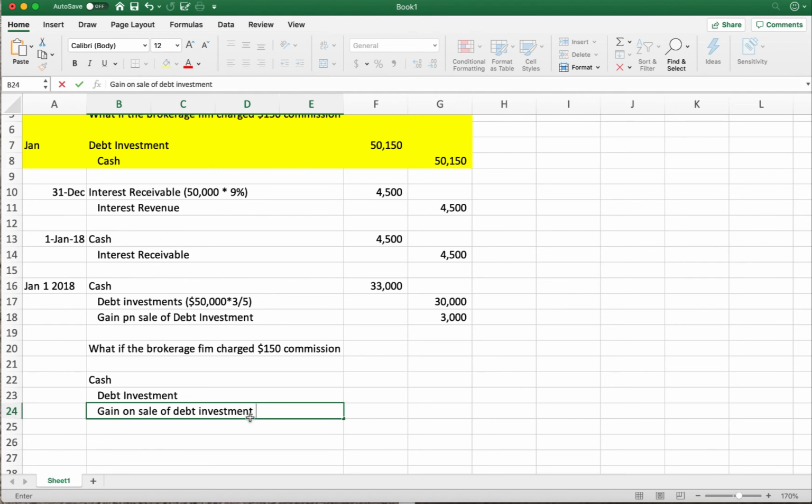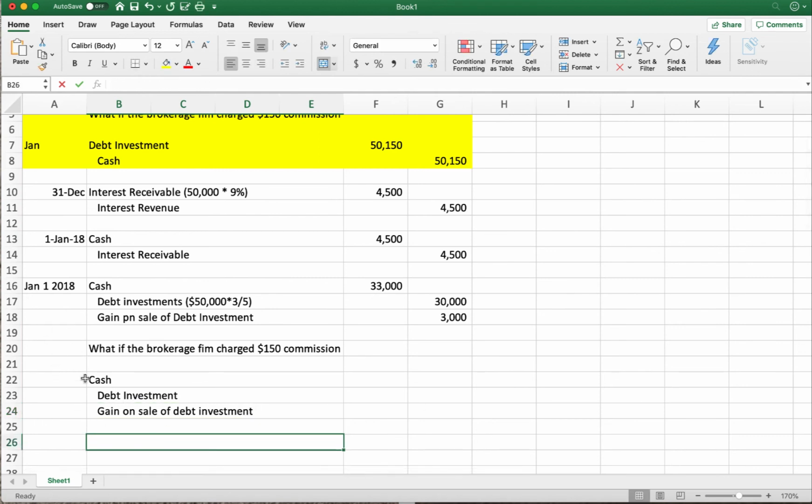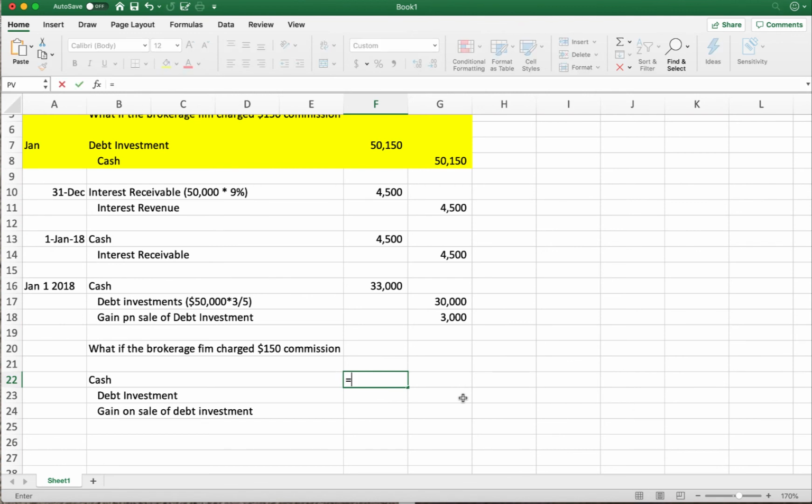Okay, so there's the debits and the credits. Now, how much cash are we receiving, right? Here's where that net proceeds comes back, right? Well, I'm getting $33,000 cash for selling those bonds, just like the problem said. But let's say that on top of that, our brokerage firm charged us the $150.